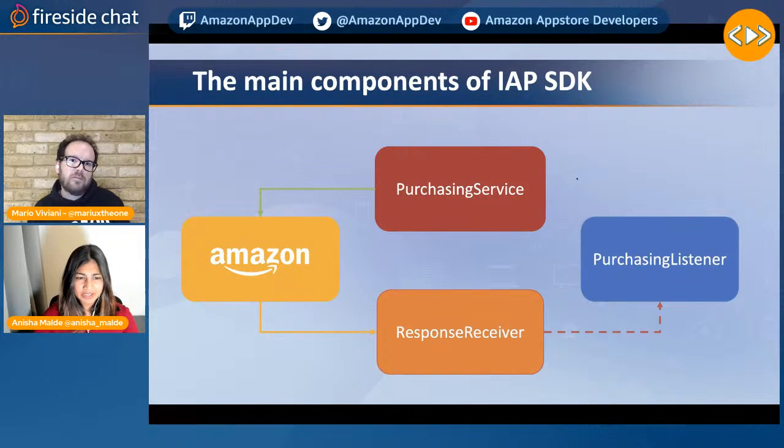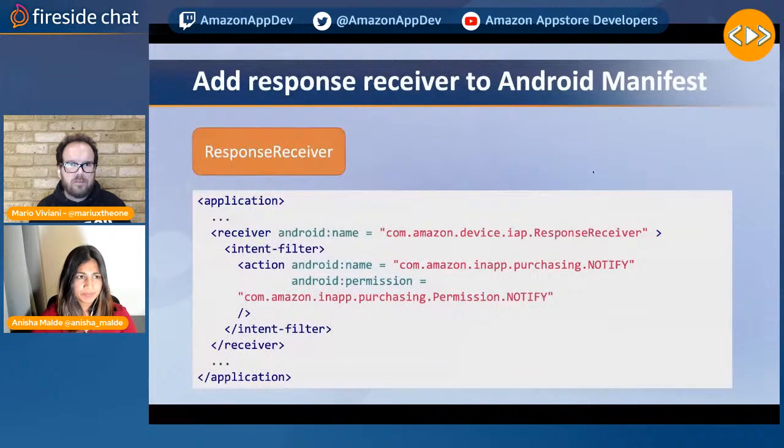This is an interface that will receive the async responses to the requests initiated by the purchasing service, and it also contains all the callbacks for the actions your app needs to take. I'll go through a user example in just a second. I want to briefly break down all these components a little more and show you what they look like in Android Studio as well.